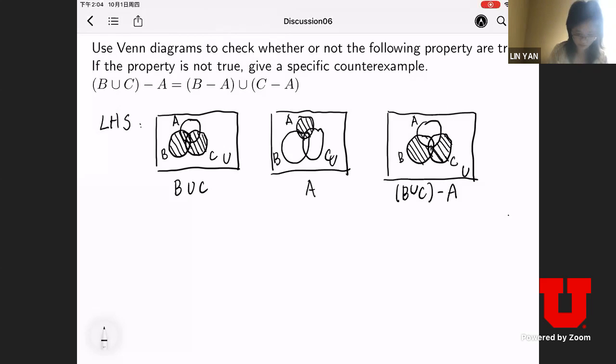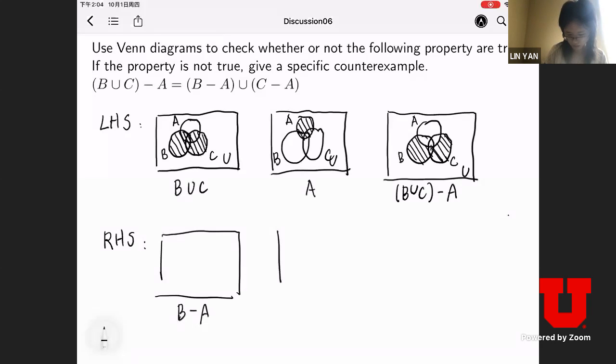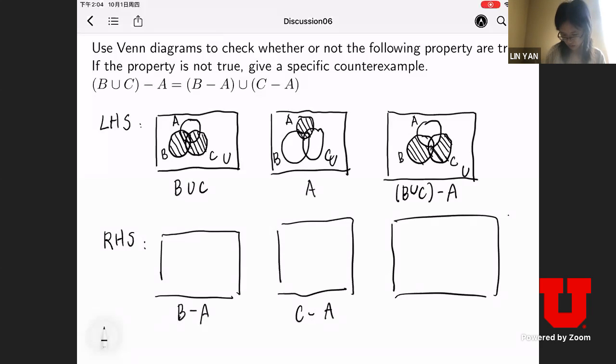Then for the right-hand side, there are 3 main operations: B minus A, C minus A, and the union of these 2.